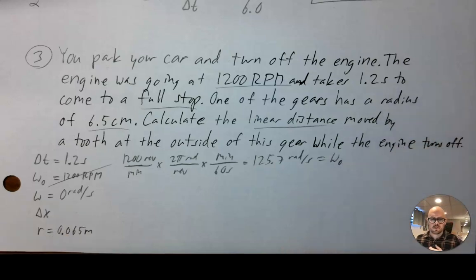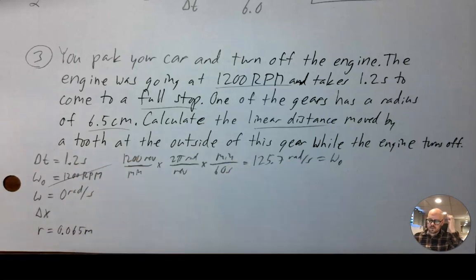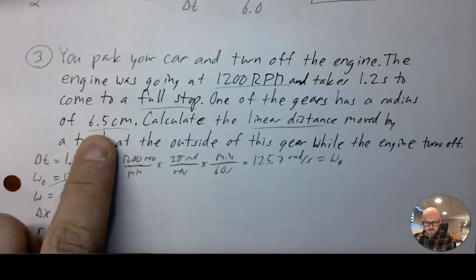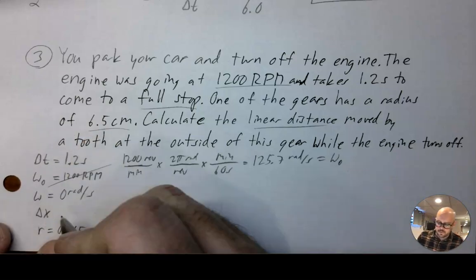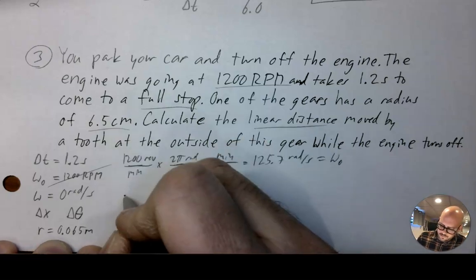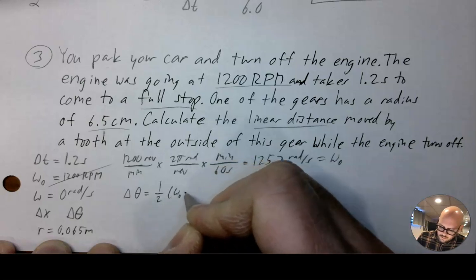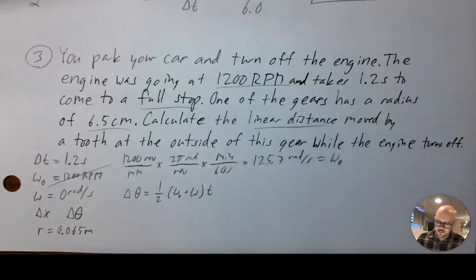Now, again, I have a couple ways through this problem, but basically, to get the linear distance moved by a tooth at the outside of a gear, I need to know the radius of the gear, and I also need to know the angular displacement. So I'm going to need to find angular displacement. There's a couple ways to do that using kinematics equations, but the shortest path is using the kinematics equation that the College Board doesn't put on the equation sheet: angular displacement using variables other than acceleration.